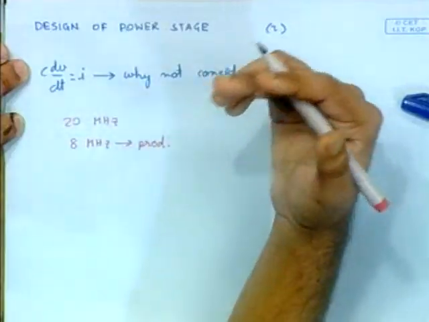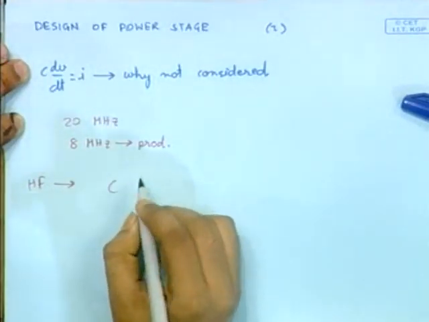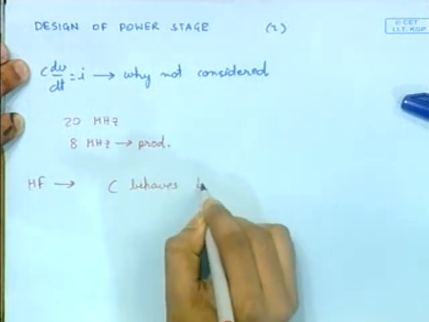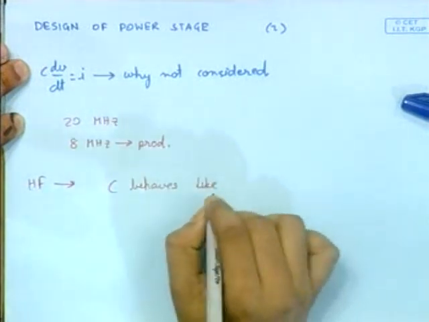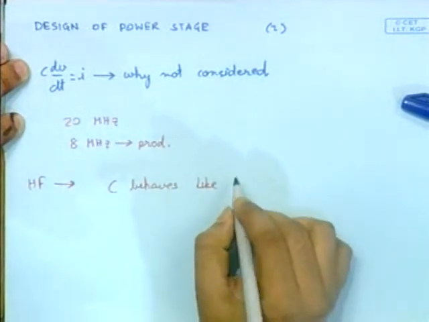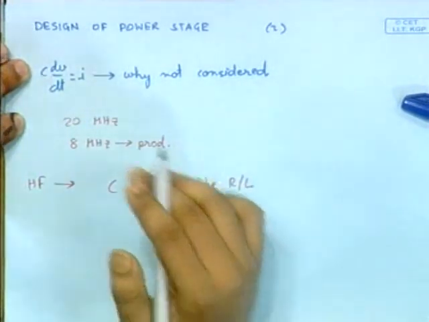So when you go to higher frequencies, your C behaves like a resistor, or an inductor. The capacitive effect reduces, and the ESR effect becomes more and more dominating.